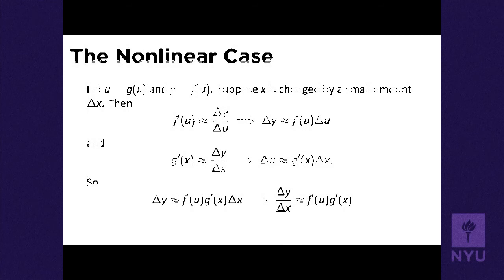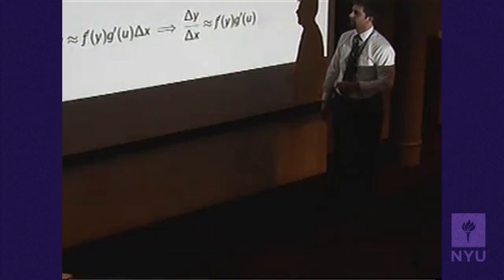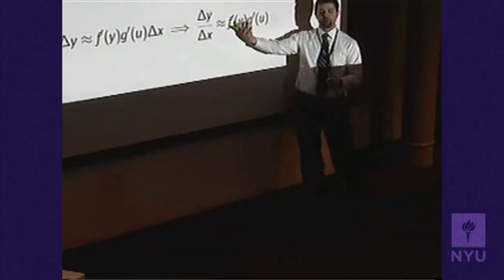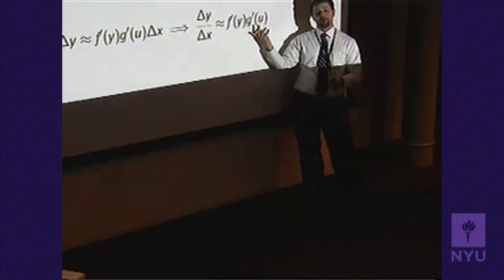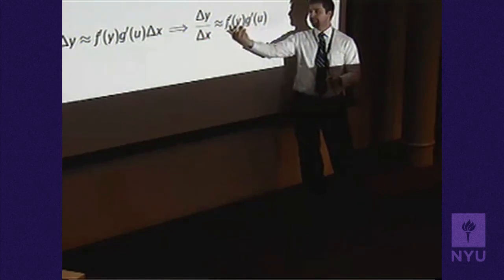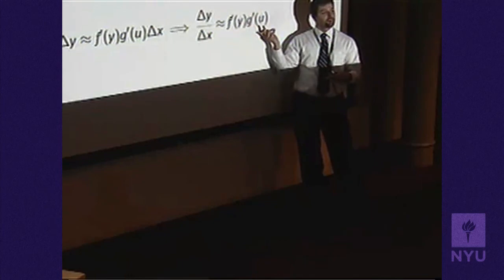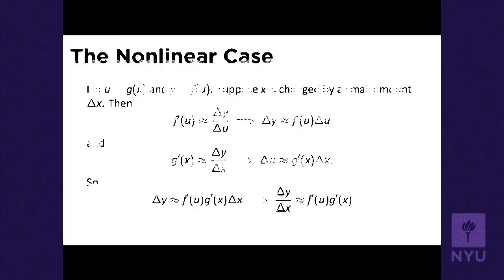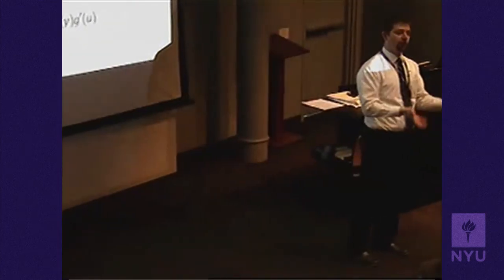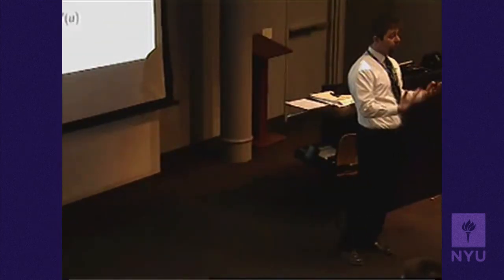Delta u is g prime, this should be an x, times delta x. And so the quotient delta y divided by delta x can be written as approximately f prime of y times g prime of u. This is the slope of the tangent line of the first function. This is the slope of the tangent line of the second function. So we're saying that the slope of the tangent line of the composed functions is the product of the slopes of the tangent lines of the component functions.